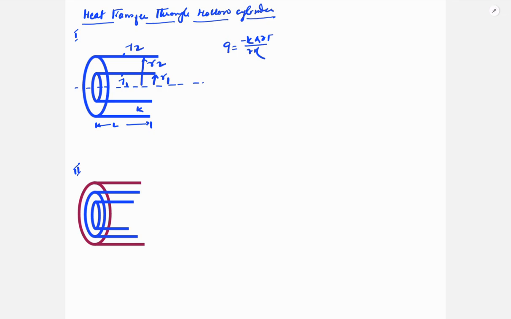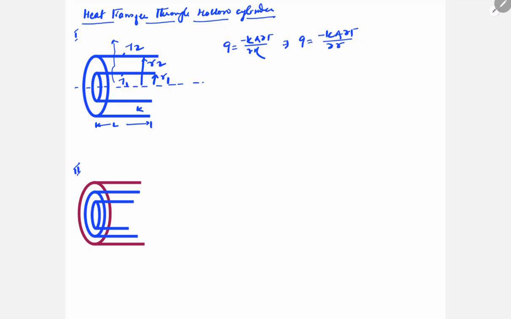This is a case of a hollow cylinder, so we need to change this equation, and the new equation will be Q is equal to minus K A dT by dr, because in this case as we are changing the radius, temperature will change, and this heat transfer is from inner side to outer side. That means T1 is greater than T2.